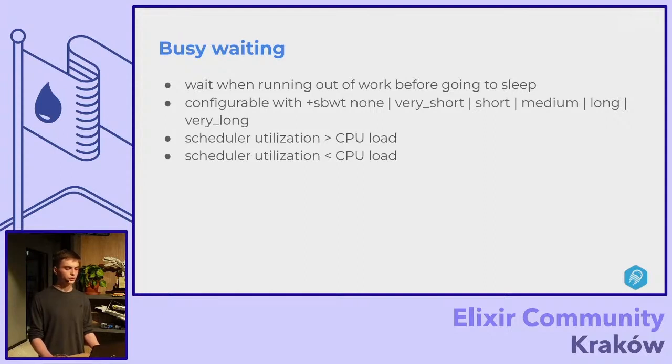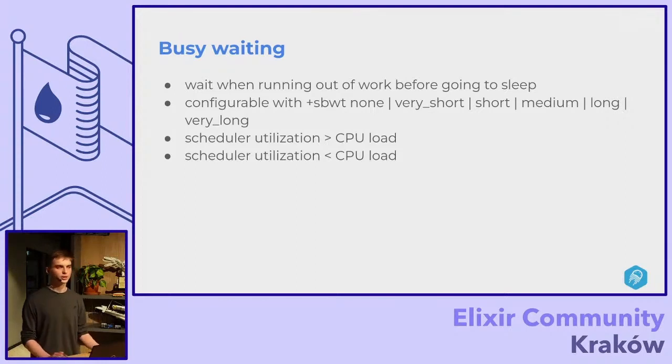And there is also something called scheduler utilization. Scheduler utilization is a metric that tells us how much a given scheduler was running some processes. Assuming that we are benchmarking our Erlang virtual machine for 10 seconds and scheduler utilization was about 50%, this means that the scheduler was executing some process code for 5 seconds.